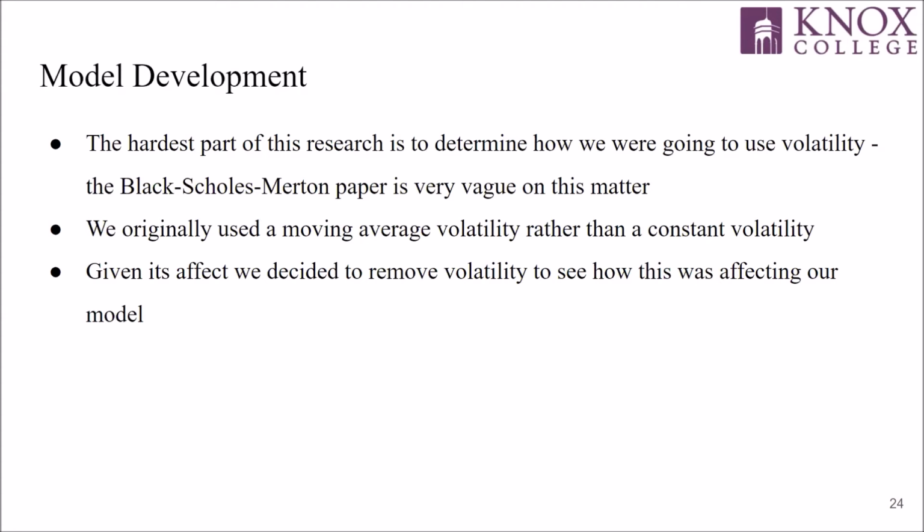So that led us to think, why? Why do we have such a high RMSE? Because going into it, Oli and I both thought that the VAR models would be the best model for this. The reason for it was, the Black-Scholes-Merton paper is actually very vague when it talks about volatility. Originally, we had what's called a moving average volatility. That's where we took one day at a time, calculated the historical volatility, and moved forward.